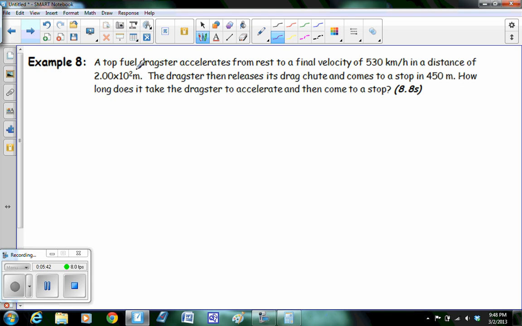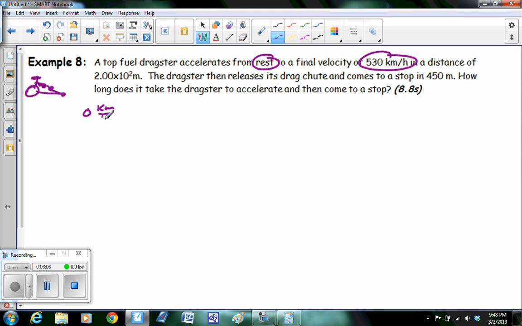So here we've got a top fuel dragster. These are those dragsters with the huge wheels in the back, little wheels in the front, massive engines here, and they have these big tail fins over here, the driver's somewhere over here at the helmet, and they go really fast. So in this particular situation, we're going from rest to 530 kilometers an hour. That's pretty fast.